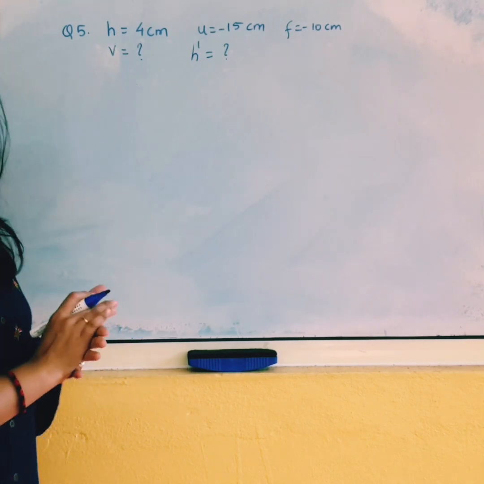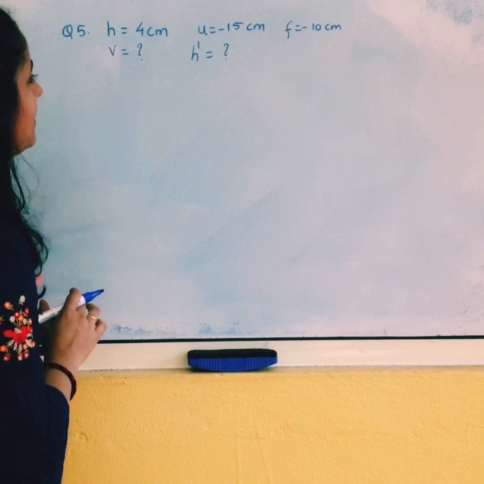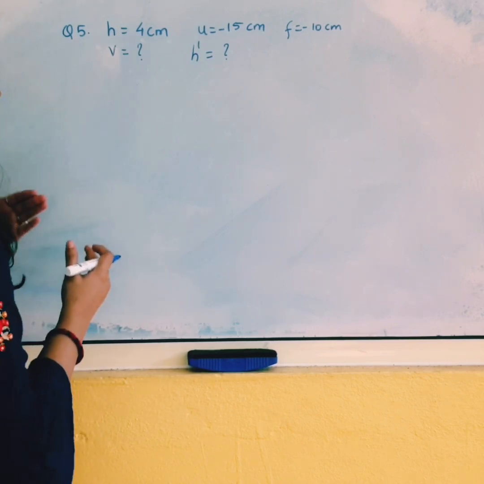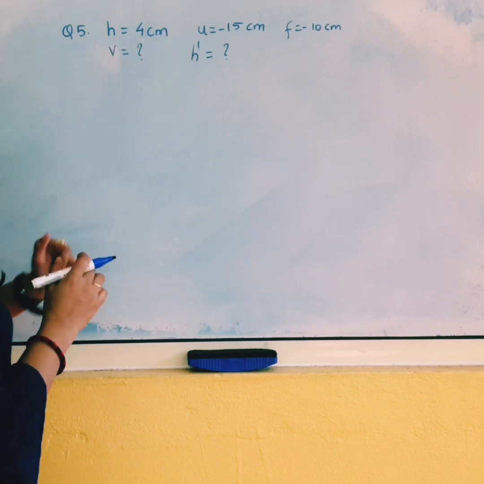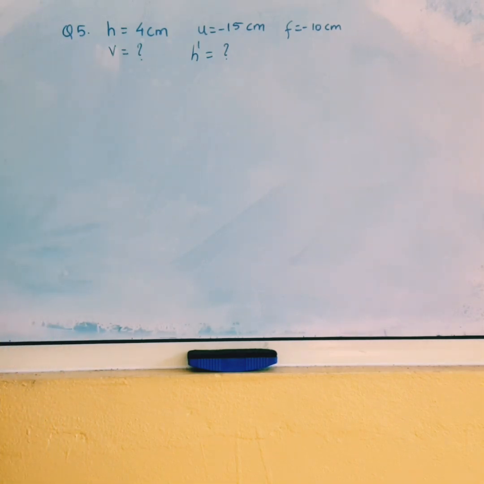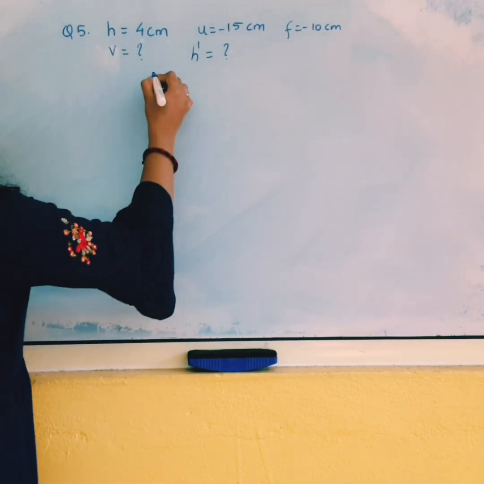You are given object size, object distance, and focal length, and you are asked to calculate image distance as well as image height. So let's use the formula to find this.